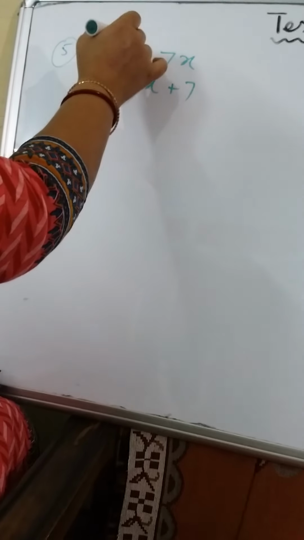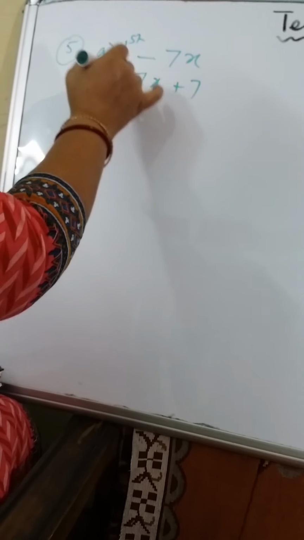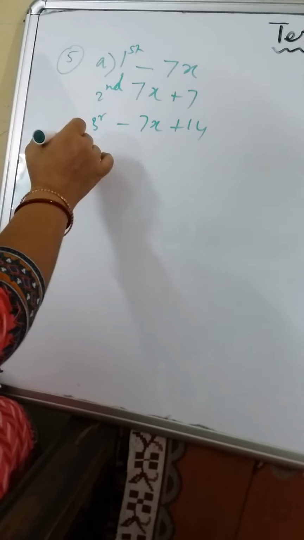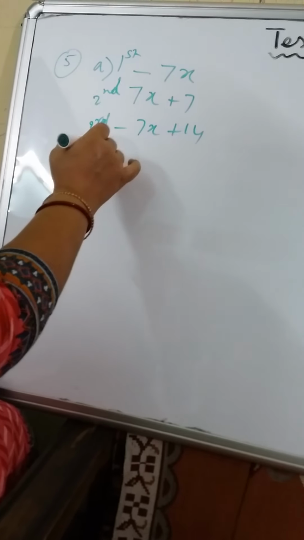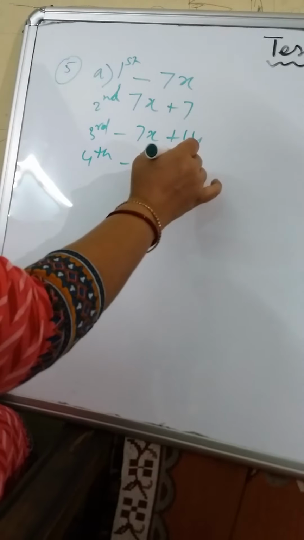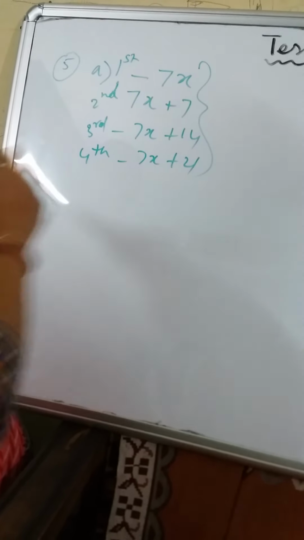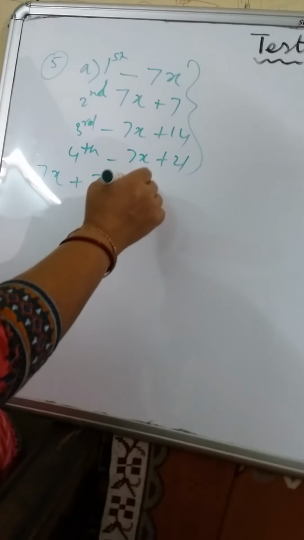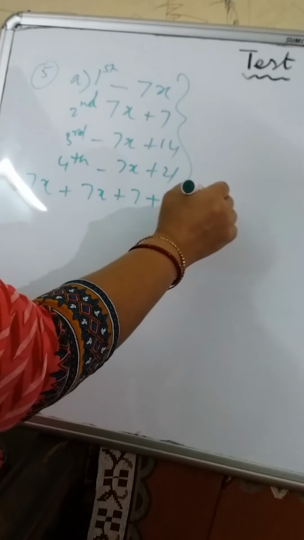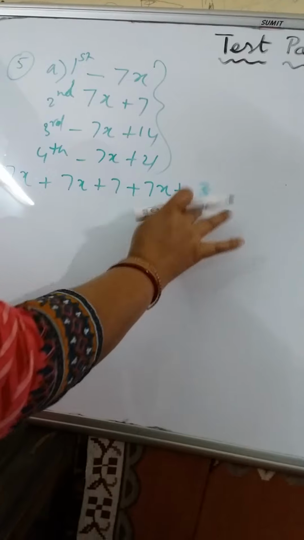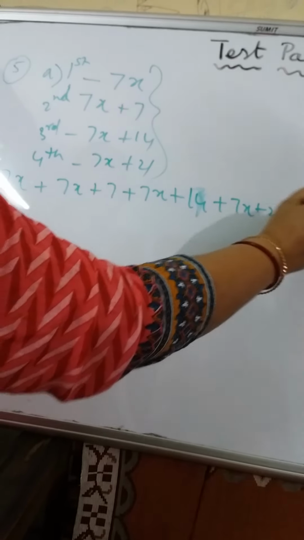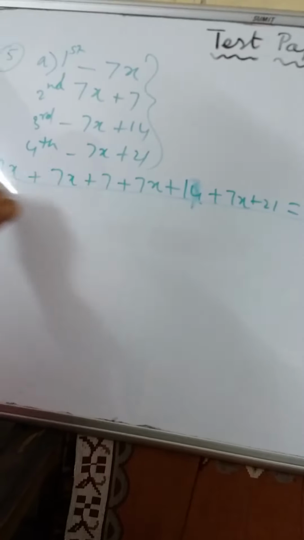This is first, this is second, and third will be 7x plus 14, and fourth will be 7x plus 21. If we add them, we will get 70. So 7x plus 7 plus 7x plus 14 plus 7x plus 21 is 70. This condition is given.